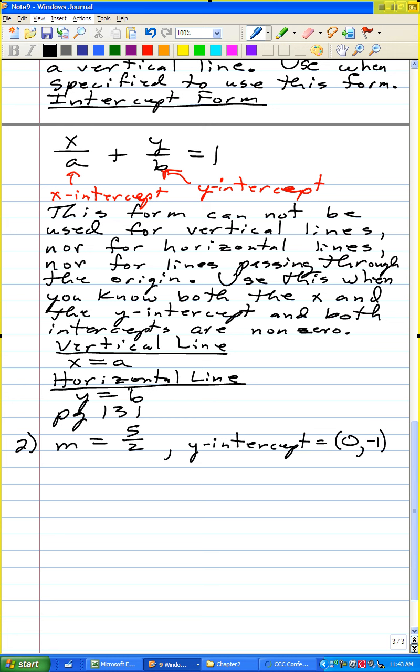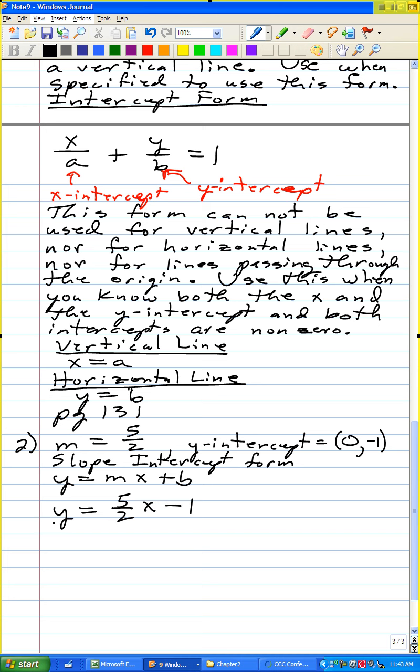Since this has a slope and the intercept, let's use the slope-intercept form for the equation of a line: y equals mx plus b. In this case, m is 5 halves, b is -1. And so the equation of my line is just y equals 5 halves x minus 1.